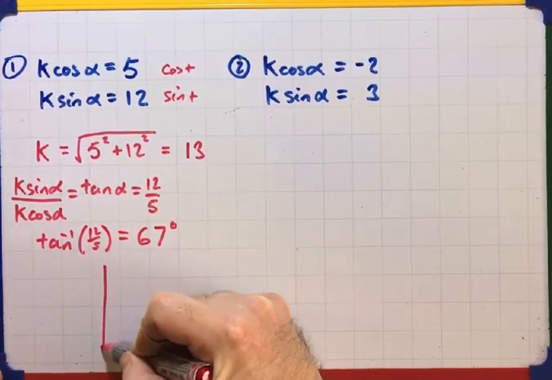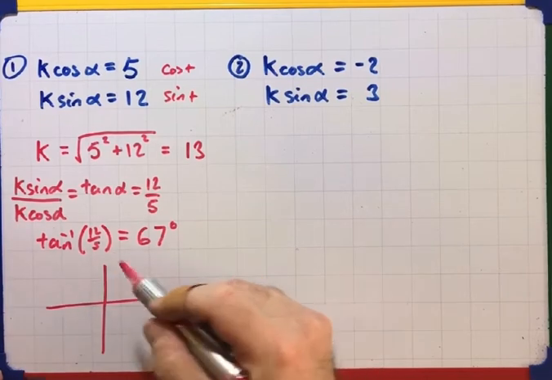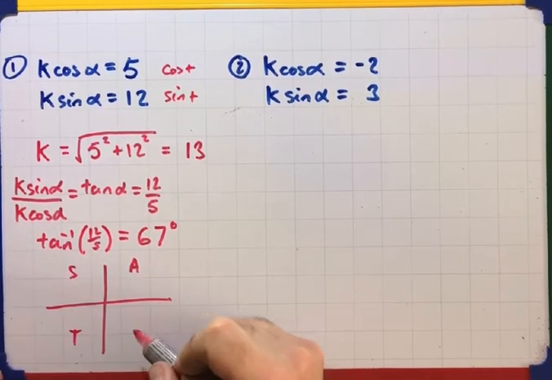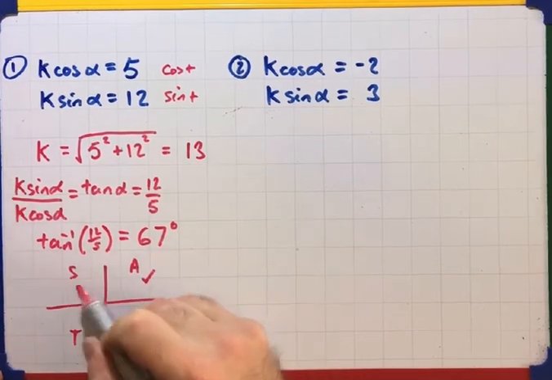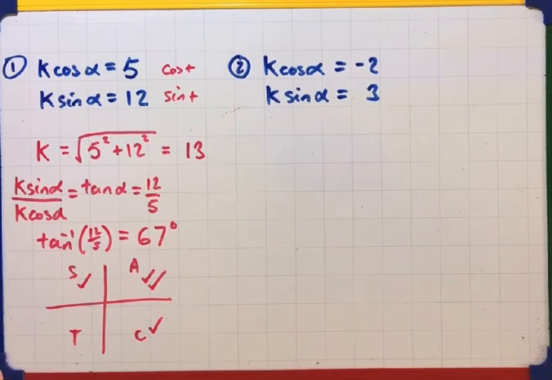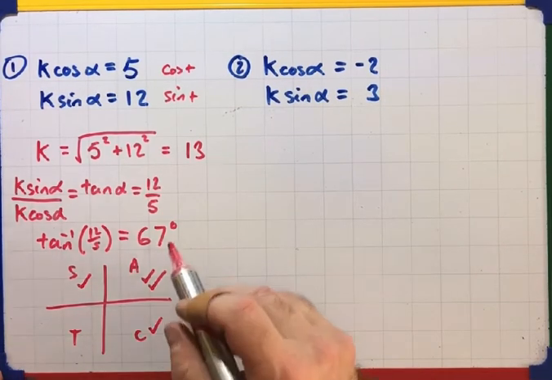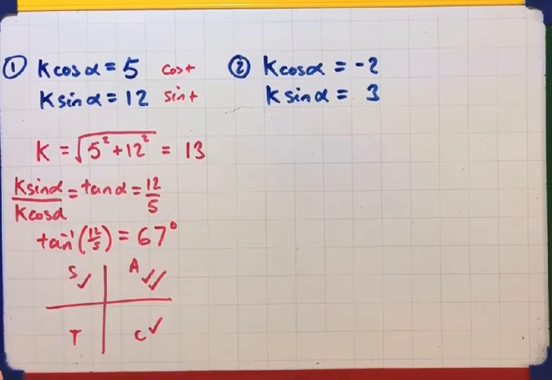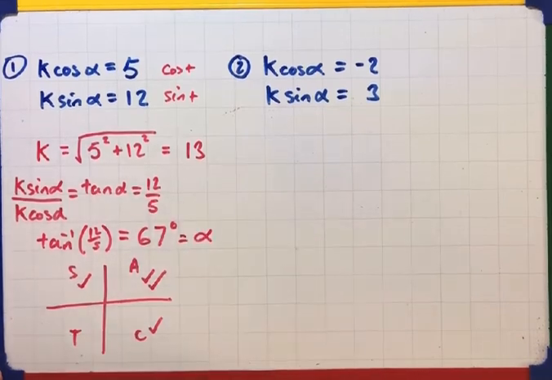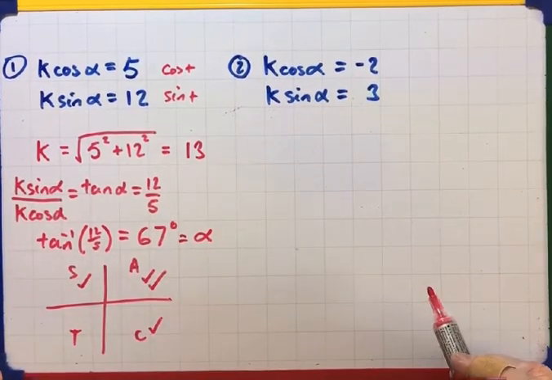And if we think of our all, sine, tan, cos, sine positive is those two, cos positive is those two, it must be a first quadrant angle. So, alpha is therefore 67 degrees. So we've worked out k is 13, alpha is 67.